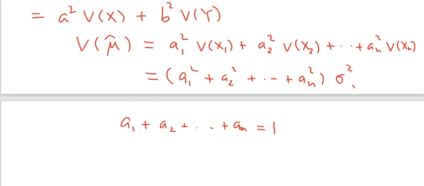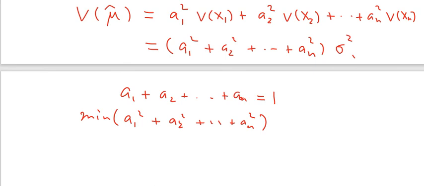We have this condition. We want to make a1 squared plus a2 squared plus an squared as small as possible, to minimize this. So for what a1, a2, an can we minimize this? This becomes a math problem.